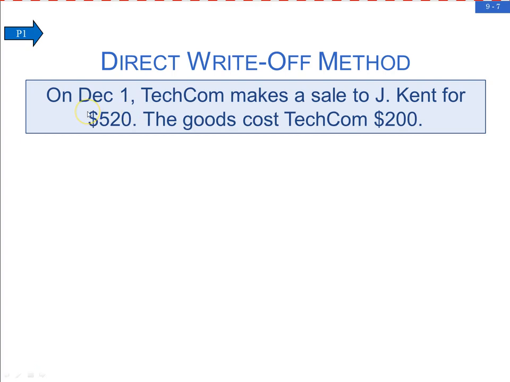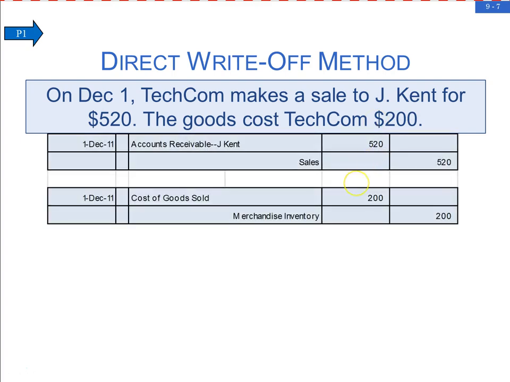So for the first part, we'd be debiting accounts receivable for $520 and crediting sales to show the revenue of $520. And now the inventory side, we need to show that we no longer have $200 of inventory that we just sold. We'd be crediting the merchandise inventory account and, of course, debiting the cost of goods sold account. This should look familiar, right?